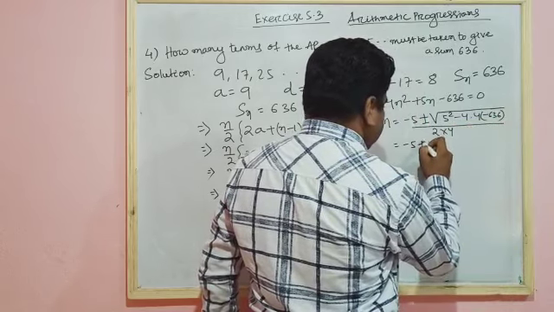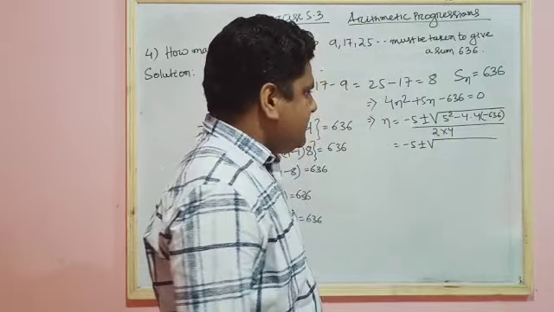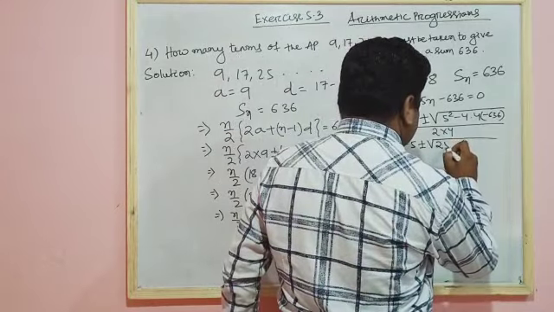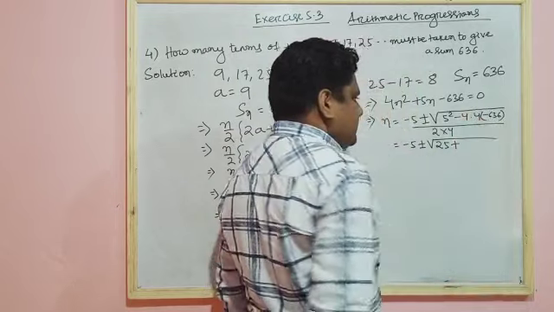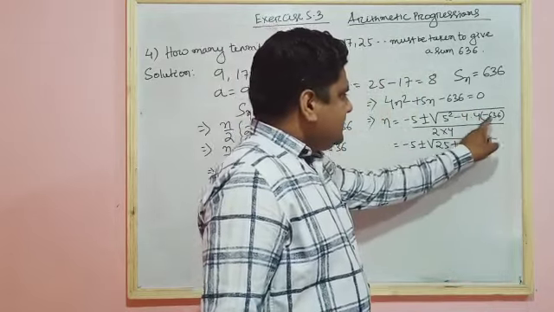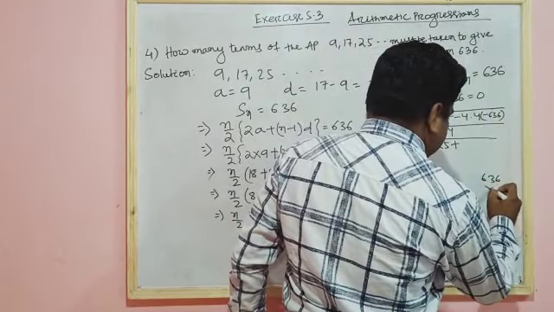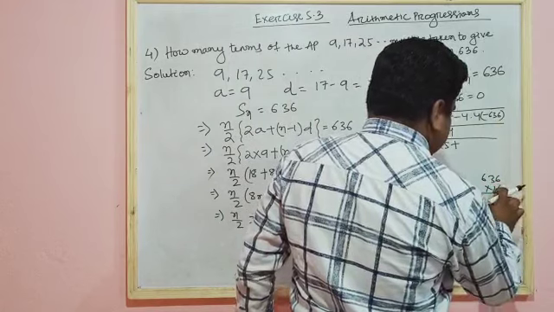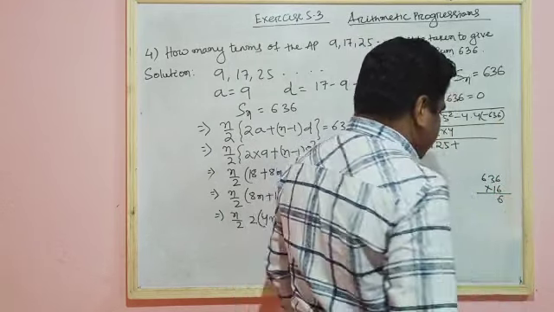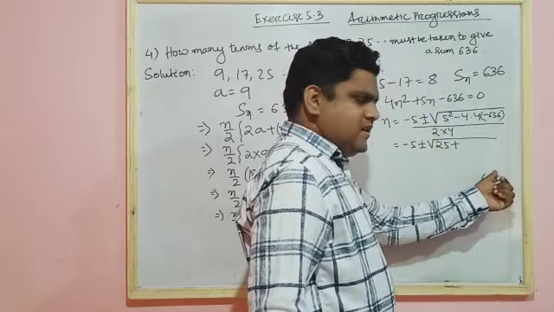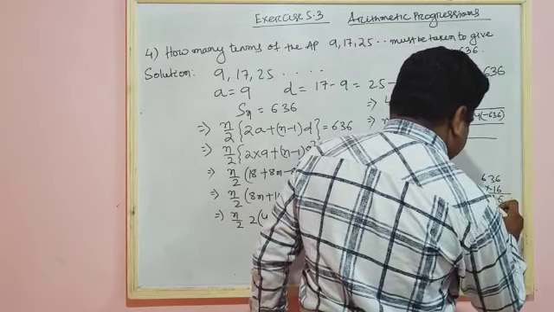So minus 5 plus minus root over of 5 square is 25. And minus will be plus 4 into 4 is 16. And 16 into 636 we have to find. 636 into 16. 16 into 6 is 96, carry is 9. 16 into 3 is 48, 48 plus 9 is 57.